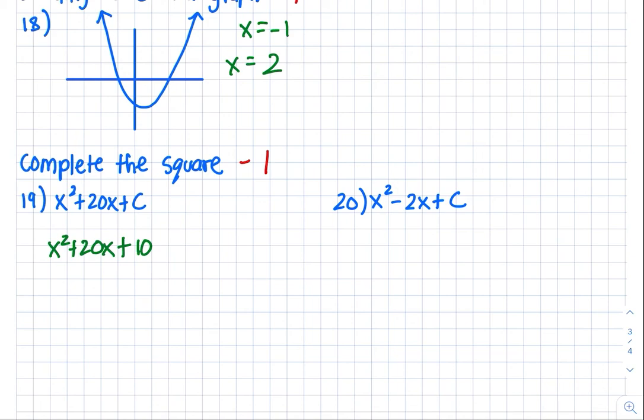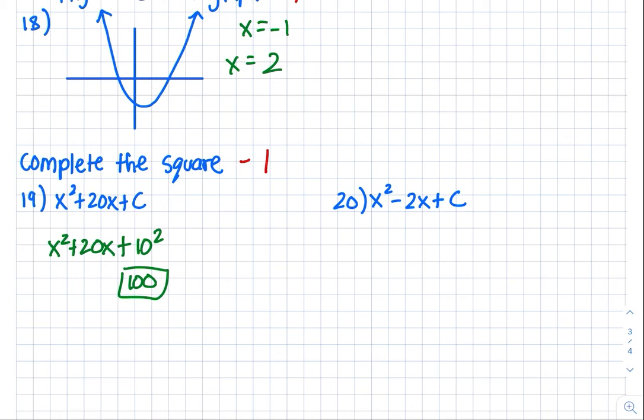So half of 20 is 10. 10 to the second power, what is that? 100. That's how you complete the square. So for this one, you've got x squared minus 2x. Half of -2 is -1, and raise that to the second. So we get 1. Okay, so that's how you complete this square.